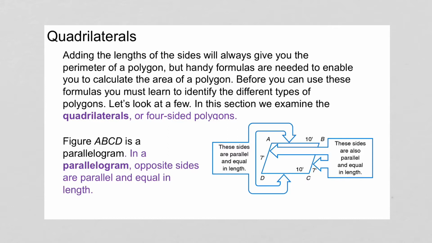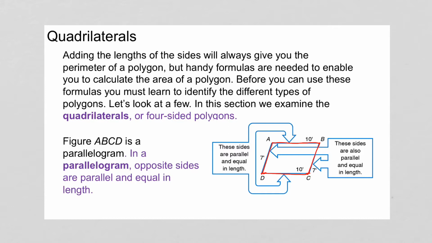Quadrilaterals. A quadrilateral is a polygon with 4 sides. And a parallelogram is a quadrilateral whose opposite sides are parallel. So in this picture here, that is the parallelogram.